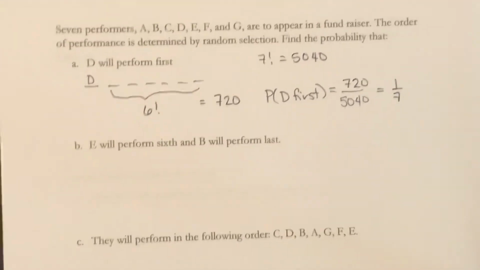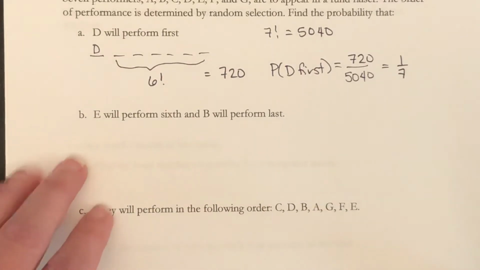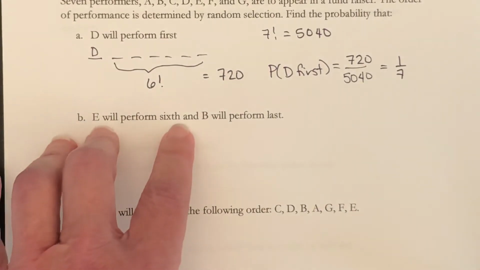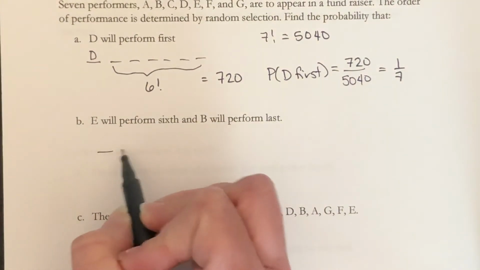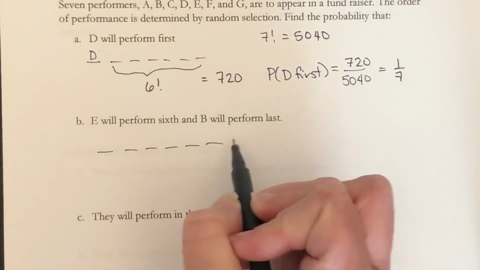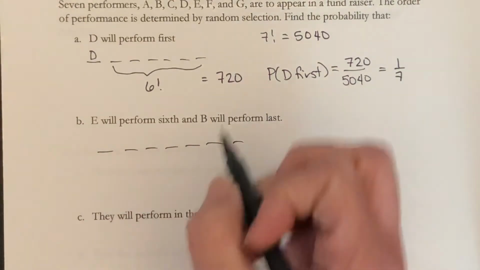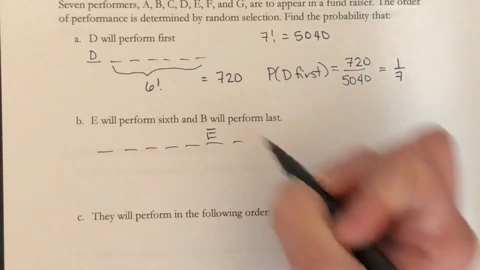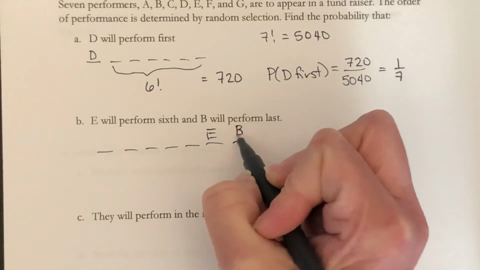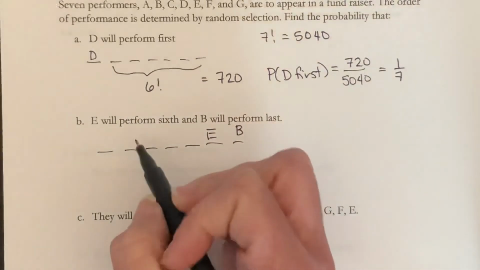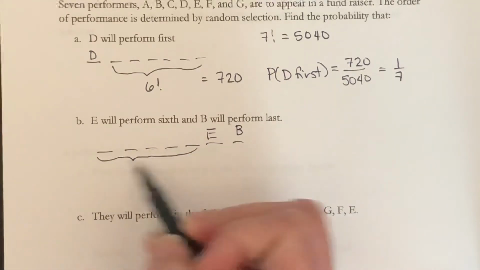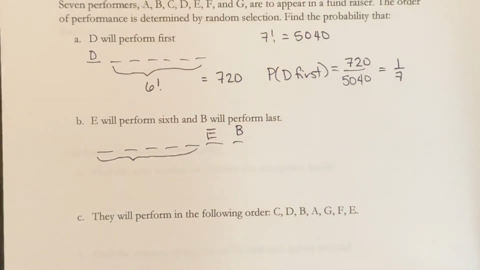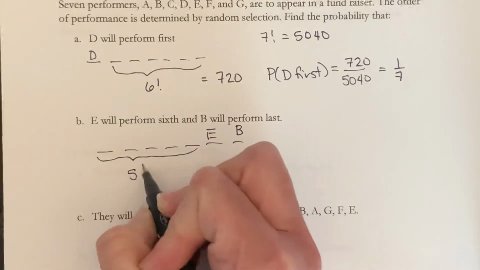Okay. So this is basically the same kind of idea, but what is the probability that E will perform sixth and B will perform last? So we have 7 spots. We say E will perform sixth and B will perform last. So now we're worried about the order of these 5 because these 2 have already been set. So this will be 5 factorial right here.